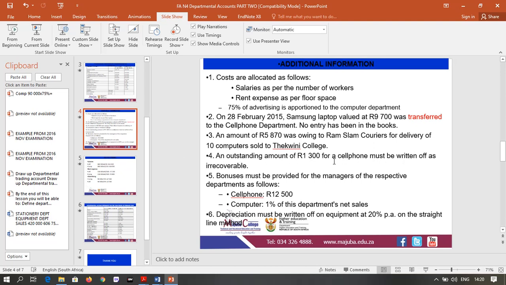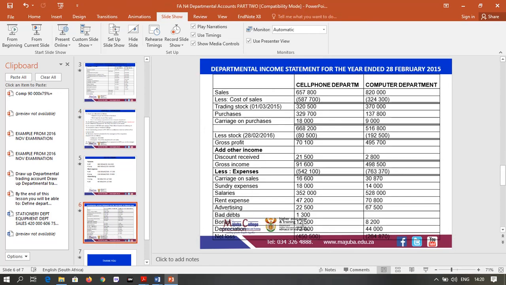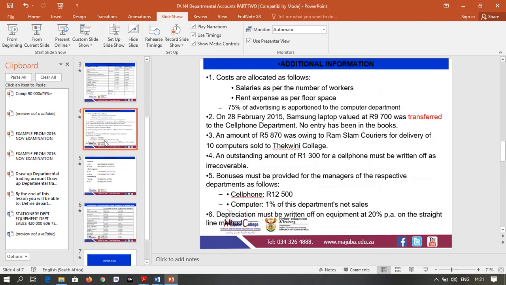There's an outstanding amount of 1,300 under the cell phone department that needs to be written off. That is a bad debt, which means we have to write bad debts under the cell phone department, amount of 1,300.